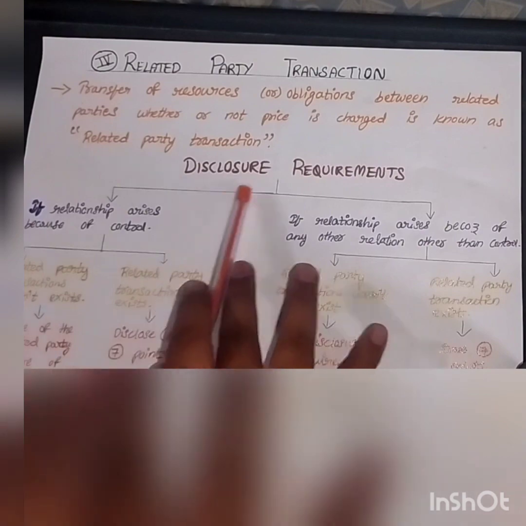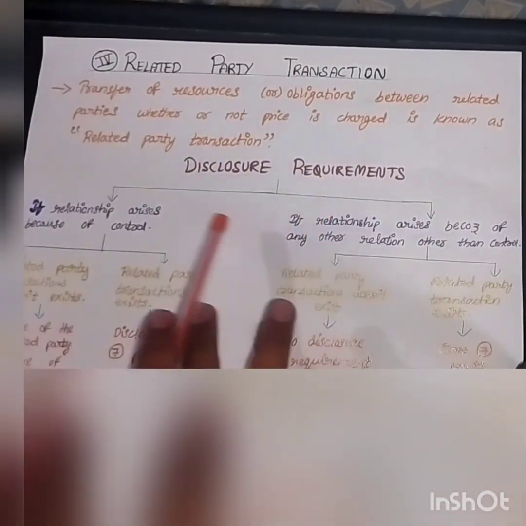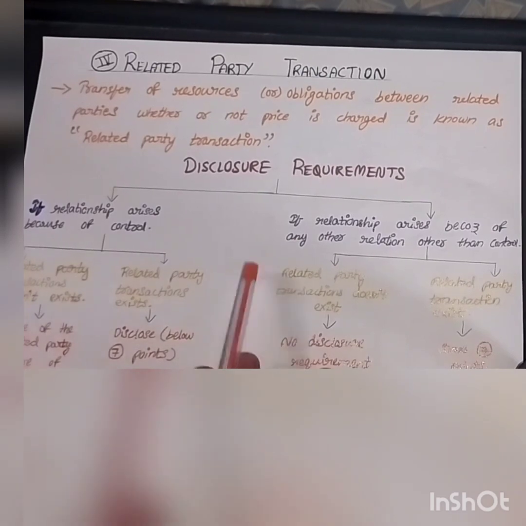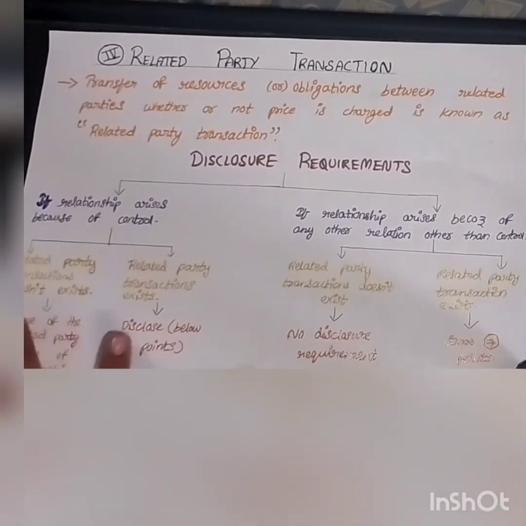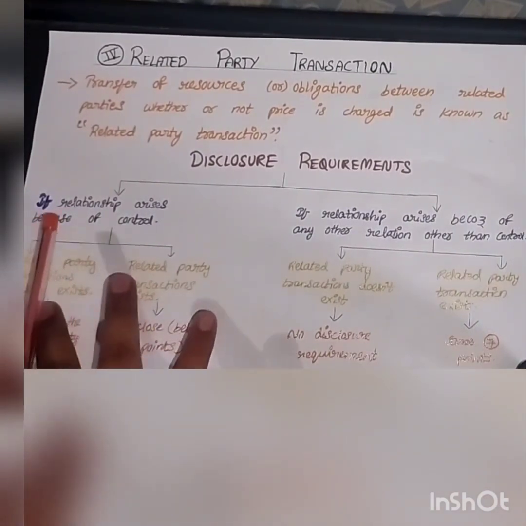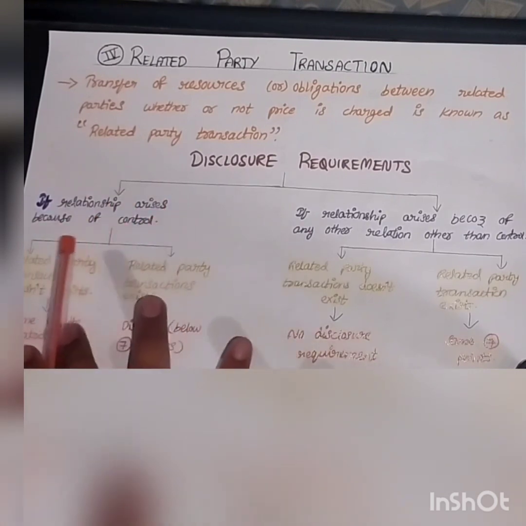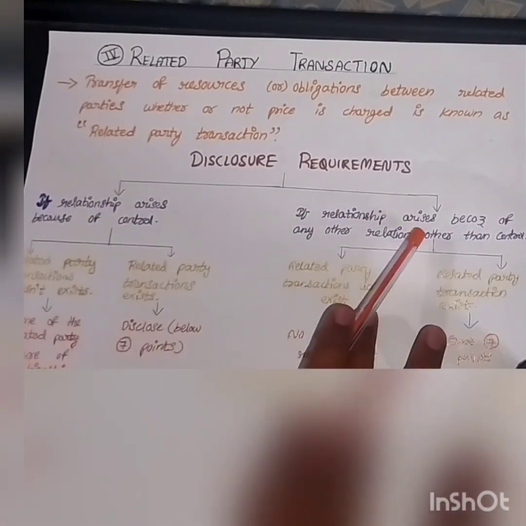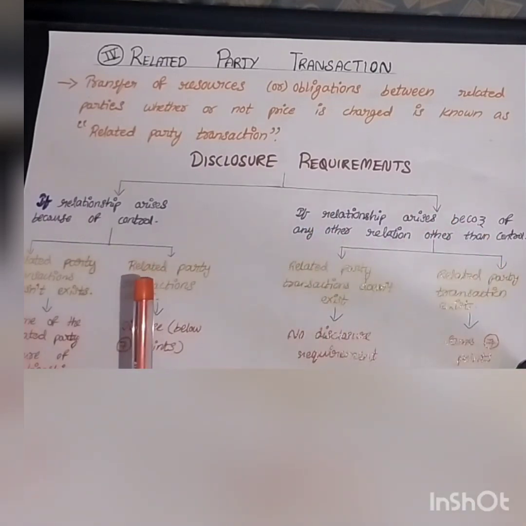Now, disclosure requirements. What all can we disclose in this Accounting Standard 18? See, it's a clear note, easily understandable, but still I'll read it out for you. Either the relationship arises because of control, or the relationship arises because of any relation other than control.